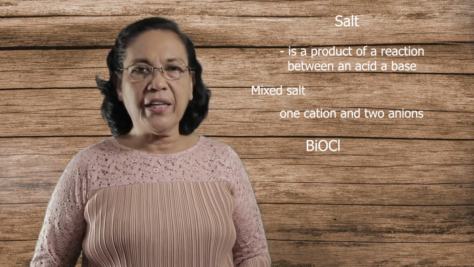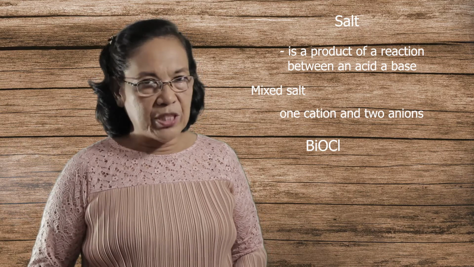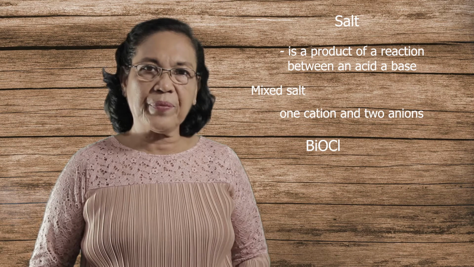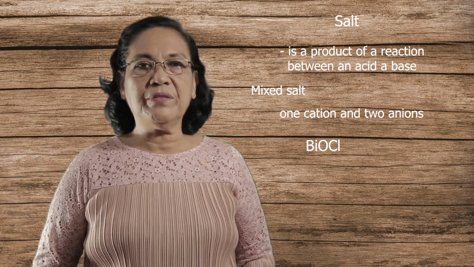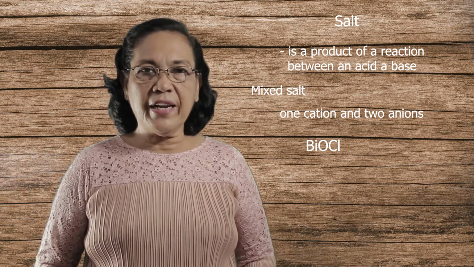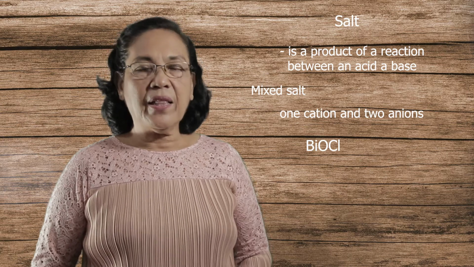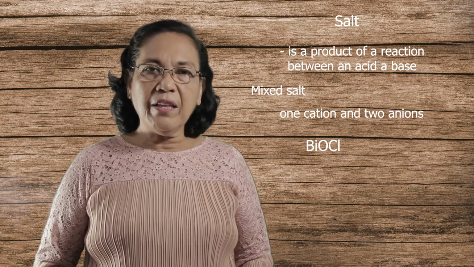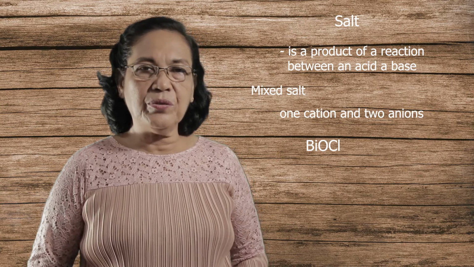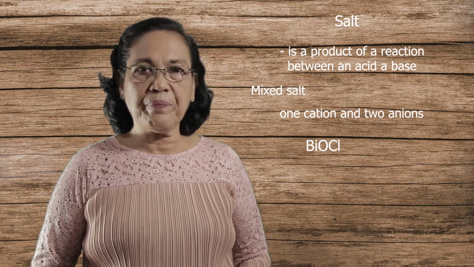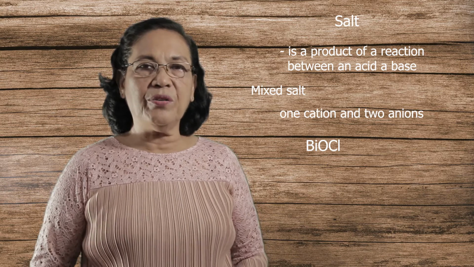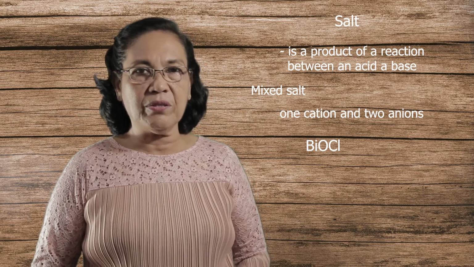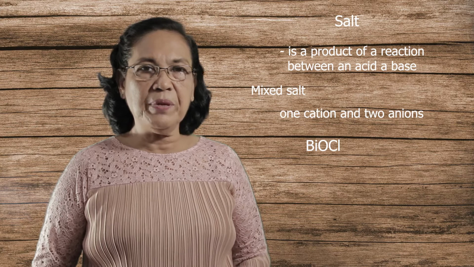So if you're going to look at the charges, bismuth has a charge of +3, and the total charge of the oxide and the chloride is -3. Now, where will these charges go? That of bismuth will go to the chlorine as a subscript, and the total charge of oxide and chloride, which is also -3, will go to bismuth.